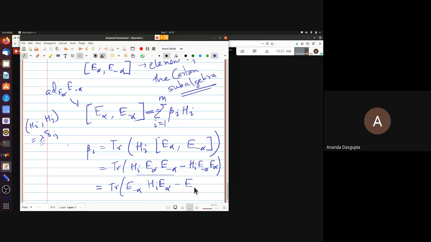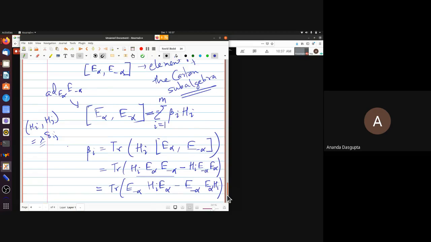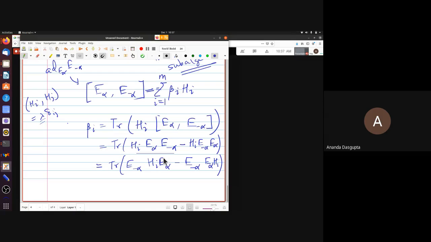And I can write the second term as this. Is that clear to everybody? All I'm doing is taking this, moving it to the front, which I can always do. And here I'm taking this, moving it to the back, which I can always do. And that really is E_minus alpha.